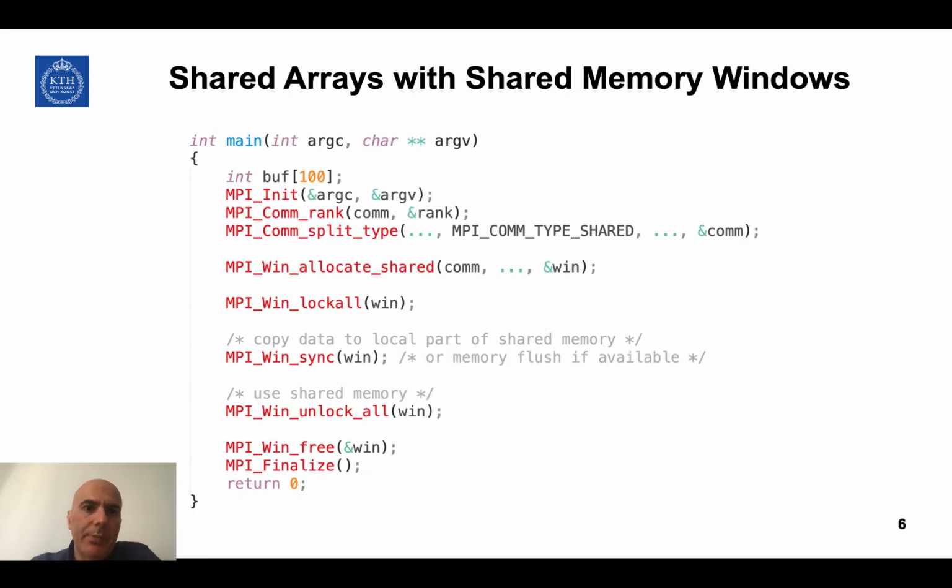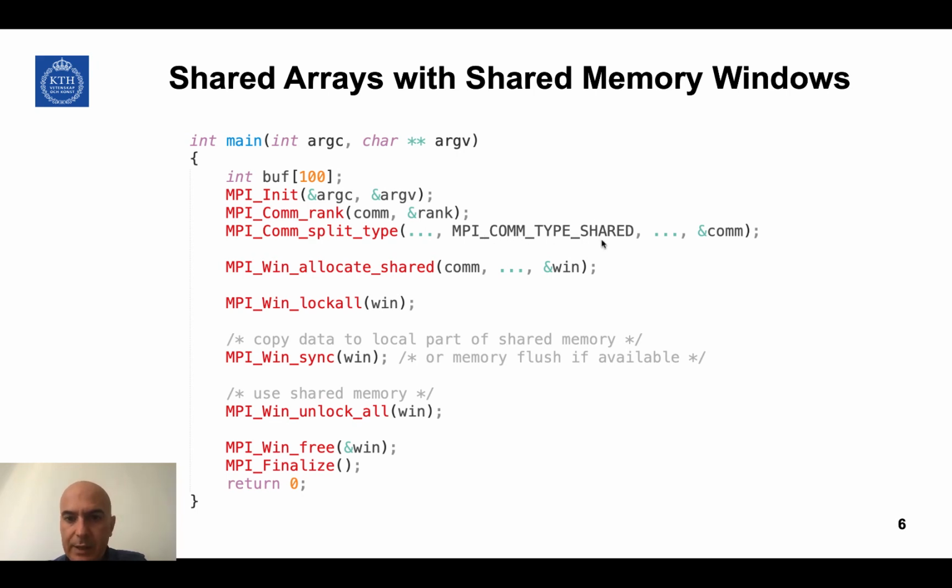So this is an example of using the shared windows with MPI. We start with our array. We get our MPI_COMM_WORLD. We then split MPI_COMM_WORLD using MPI_Comm_split_type, and we get a communicator of type MPI_COMM_TYPE_SHARED.